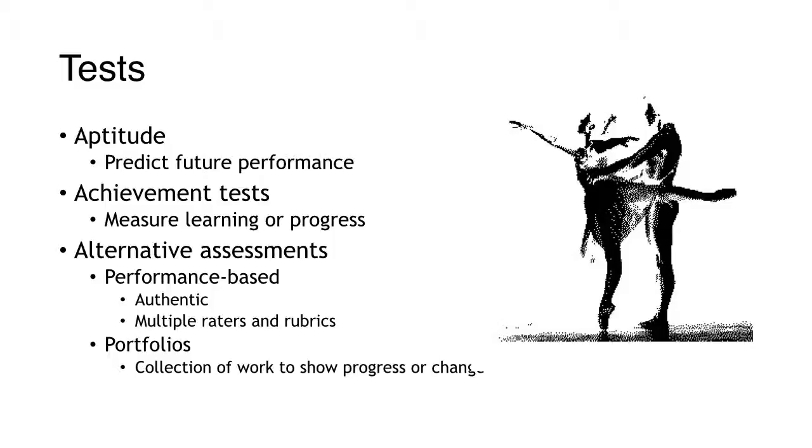And similarly, we can gather information about what students know and understand by going through portfolios or collections of student work. And these are very authentic ways of gathering data about what kids know and can do.